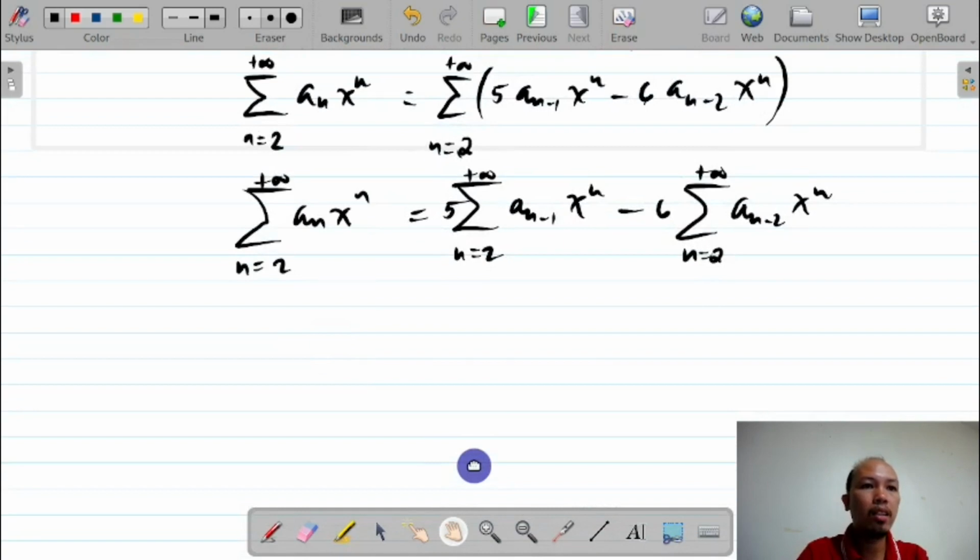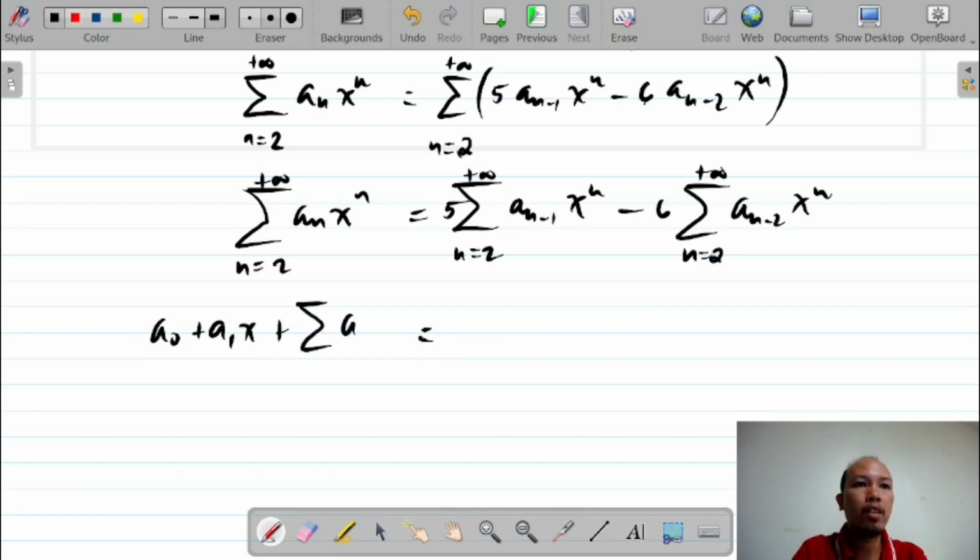Let's add. So what we'll do here is we add 2 more terms, a sub 0 x to the 0 plus a sub 1 x plus summation of a sub n x to the n starts from 2 to positive infinity, so that the left hand side will become A of x.